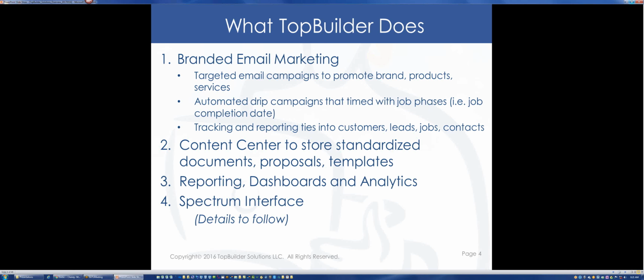And that allows you to target the emails because you have a lot of data on your customer. You have good customer data to say, hey, I want this just to go to general contractors, or I want this just to go to property managers, or I want this email to go to building owners.